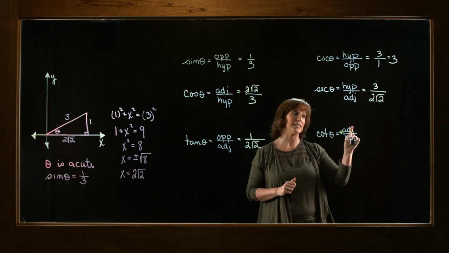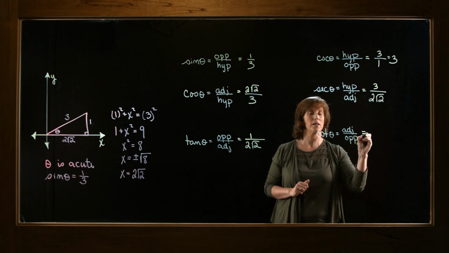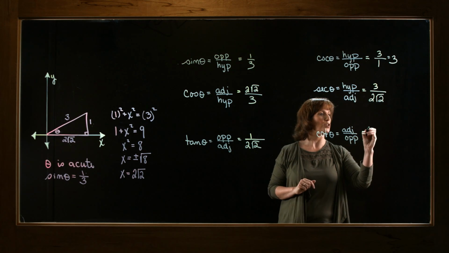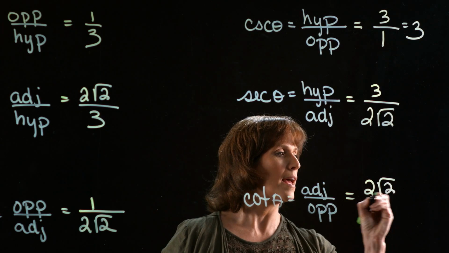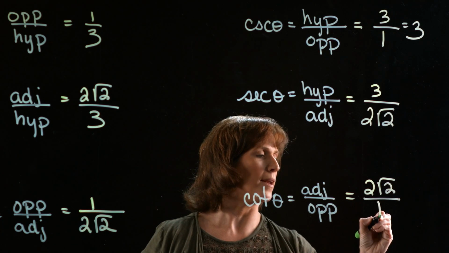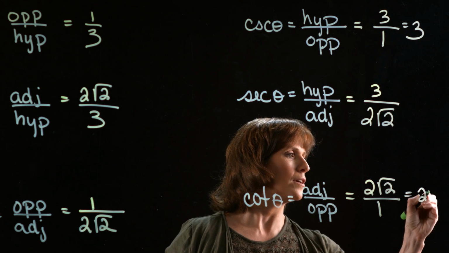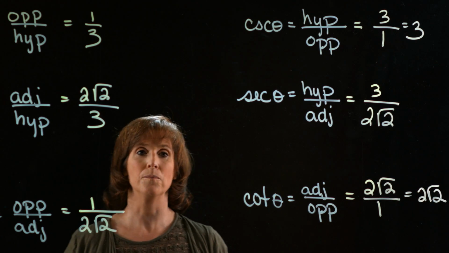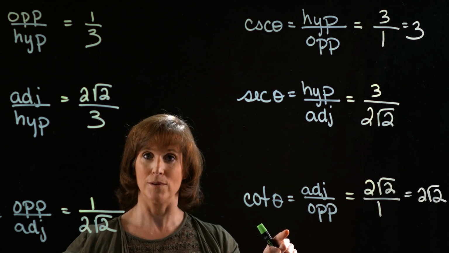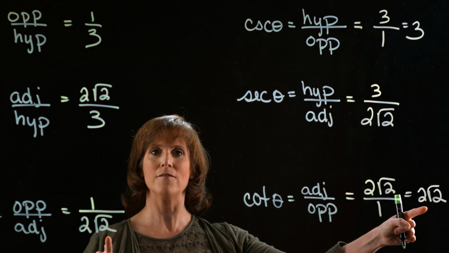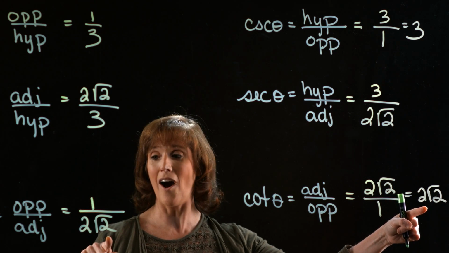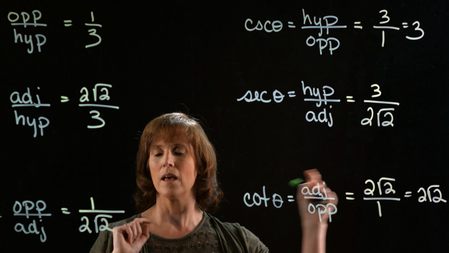The cotangent is the adjacent over the opposite. So the adjacent in this case is 2 root 2, and the opposite is going to be 1. And that can be reduced to 2 times the square root of 2. Tangent and cotangent are reciprocals. And if you look at the values that I got, they are indeed reciprocals.